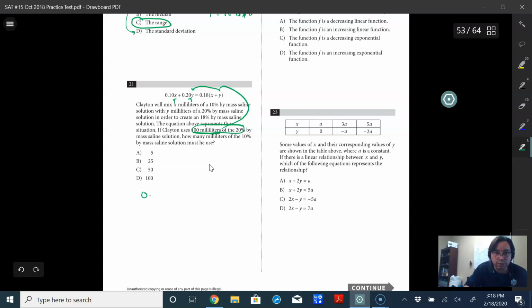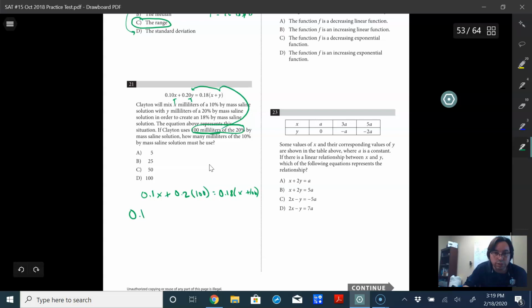So we're going to get 0.1x plus 0.2 times 100 equals 0.18 times x plus 100.